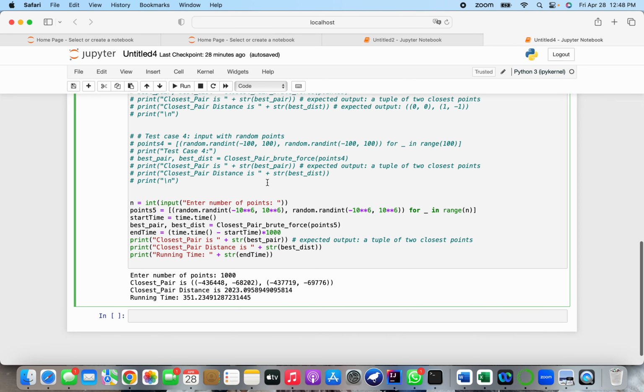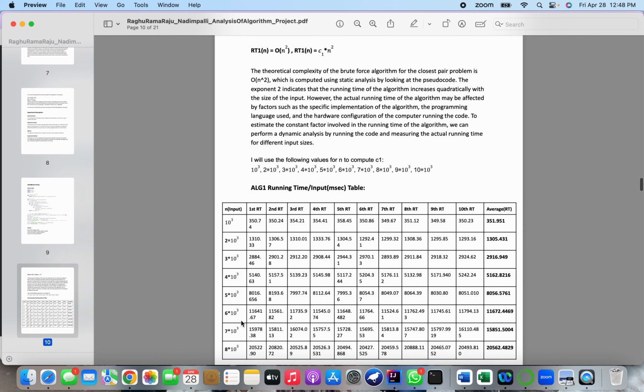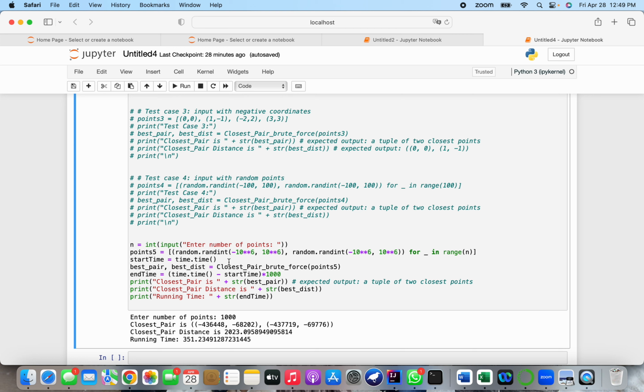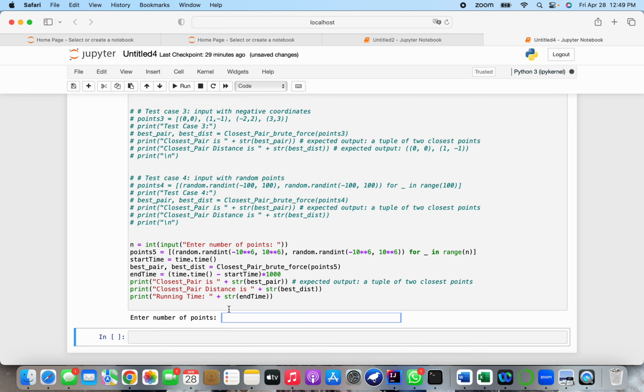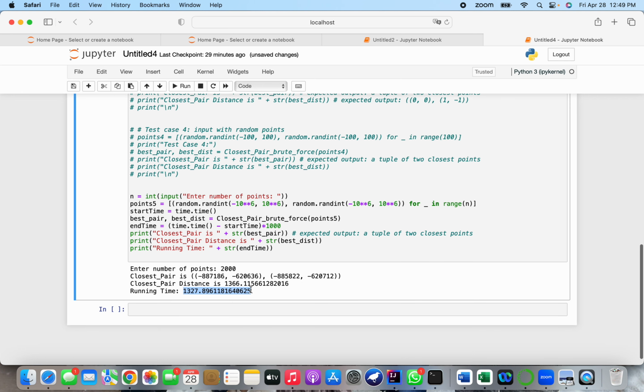For each input n, like 1000 for 10 power 3, I will be running this algorithm 10 times, and I will note down all my running times here. From there I will simply take the average of all these running times for n equals 10 power 3. In the same way, if I give 2000, this is my running time.